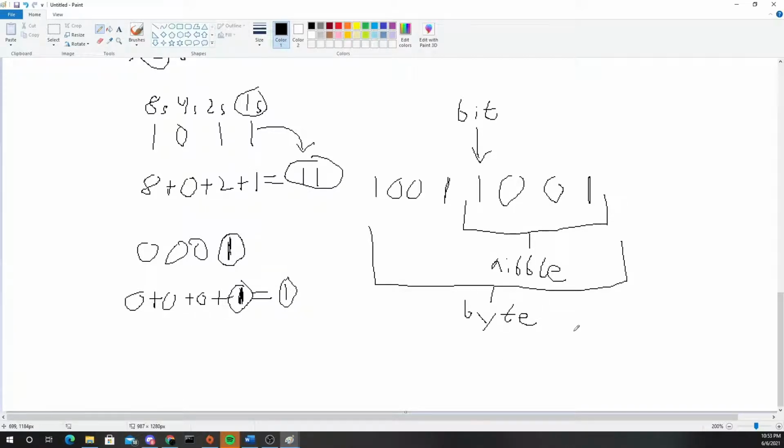Byte's probably the term you've heard most often, like gigabyte, kilobyte, megabyte. This is often what we measure certain sizes of things as on a computer, certain sizes of files, pictures, videos, etc. So for example, on this right, mega for megabyte, a megabyte is actually 1 million bytes.